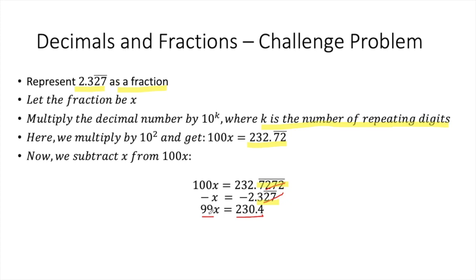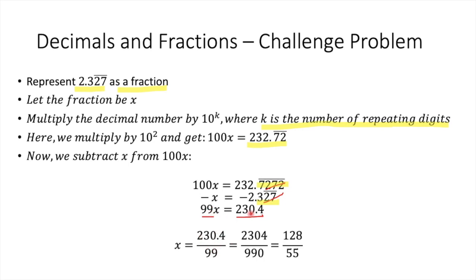So now we will get 99x is equal to 230.4, and now we must solve for x just like any normal single variable equation. So we will get x is equal to 230.4 divided by 99.